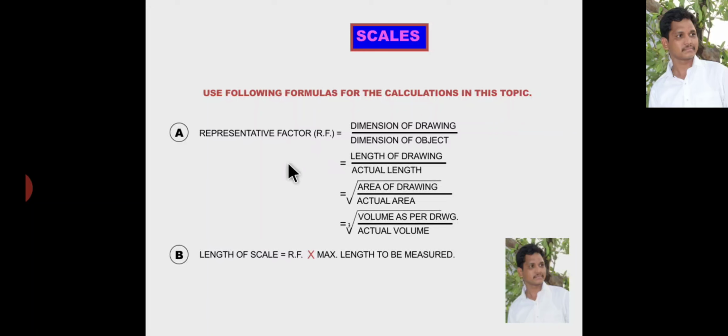These formulas are very useful for calculating the scales. Scales are represented by RF value, that is a representative factor. The representative factor means it is the ratio of size of drawing or dimension of drawing to the actual size of object.